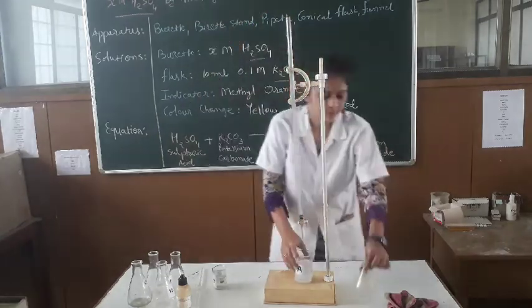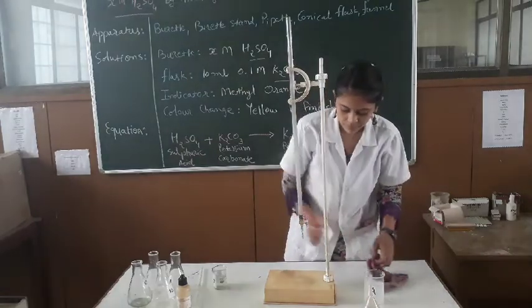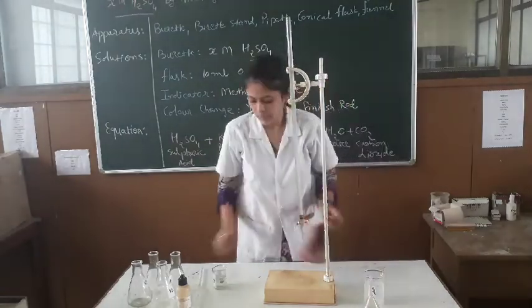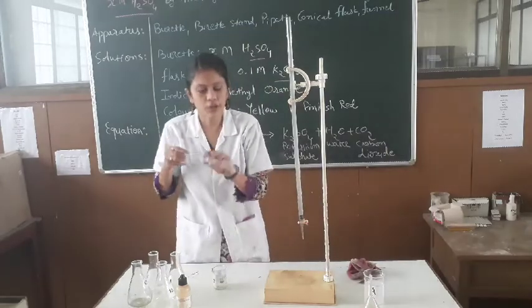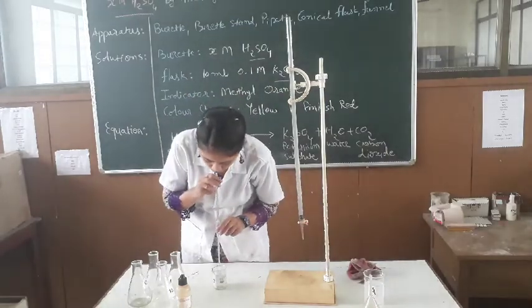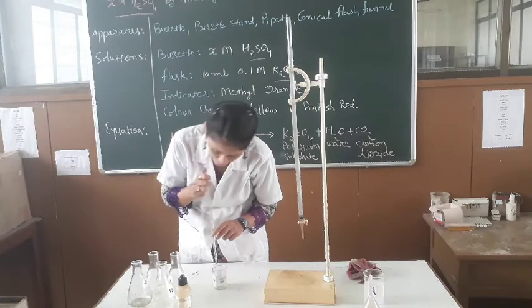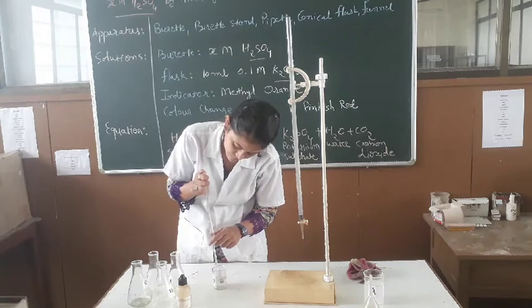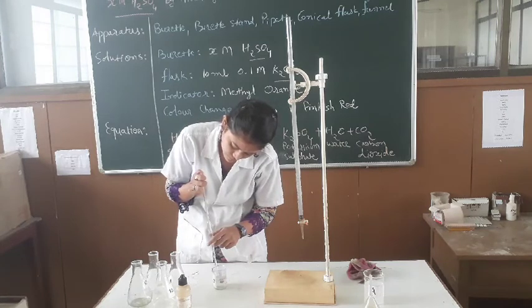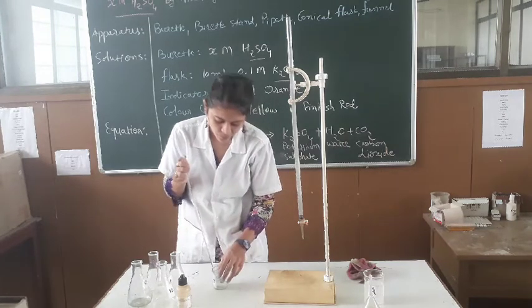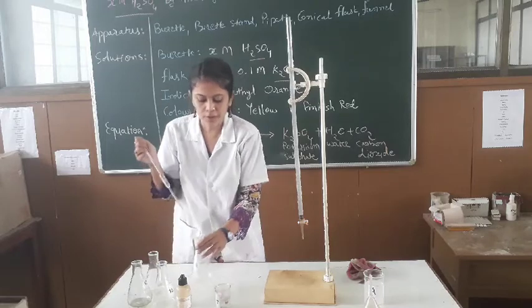Remove the funnel. Take potassium carbonate. Pour into conical flask.